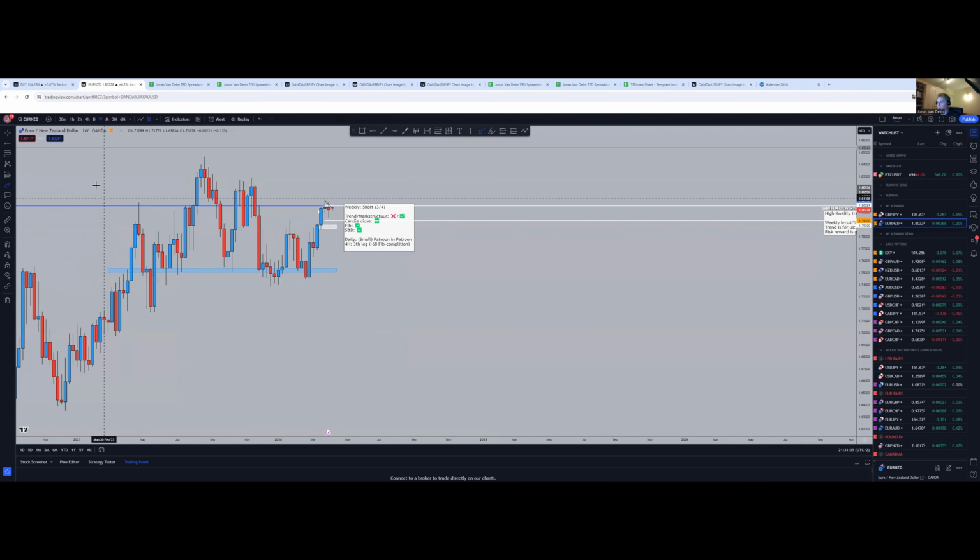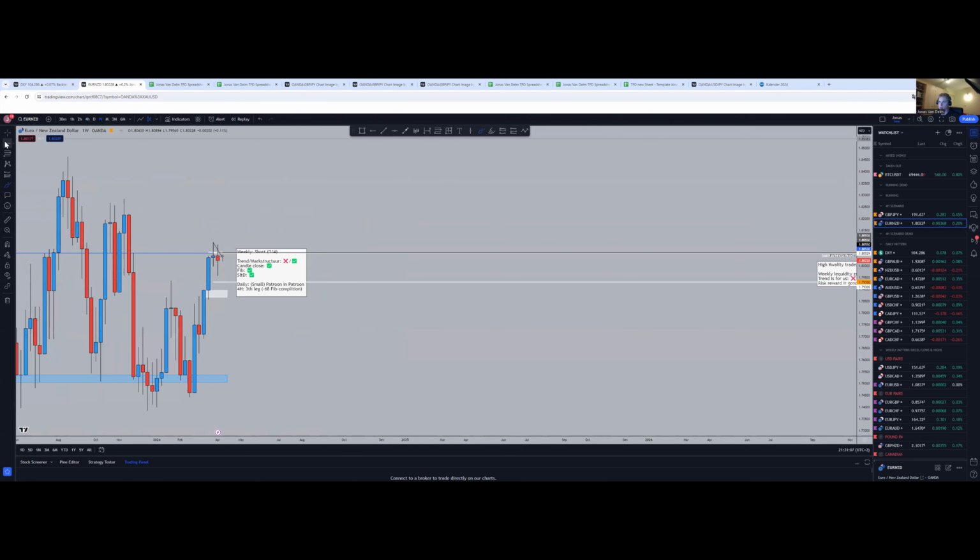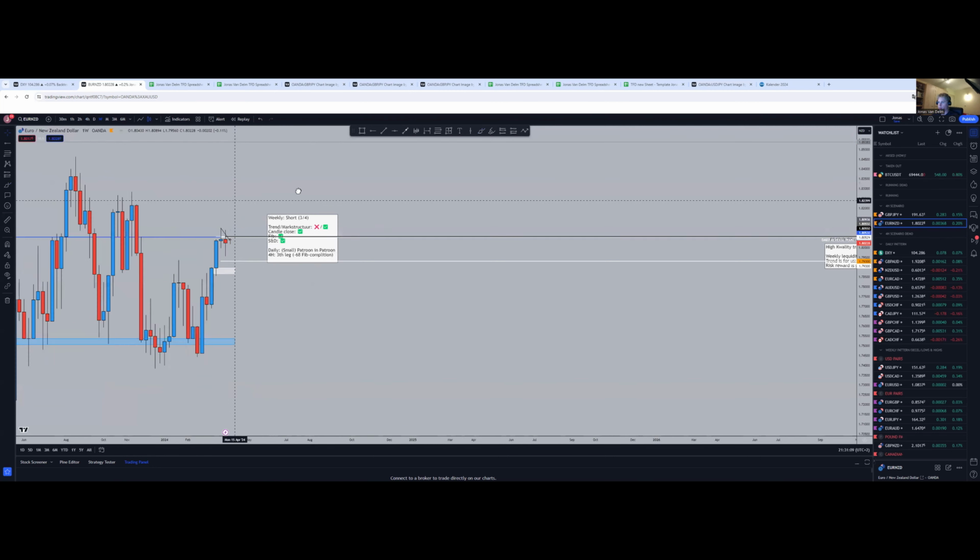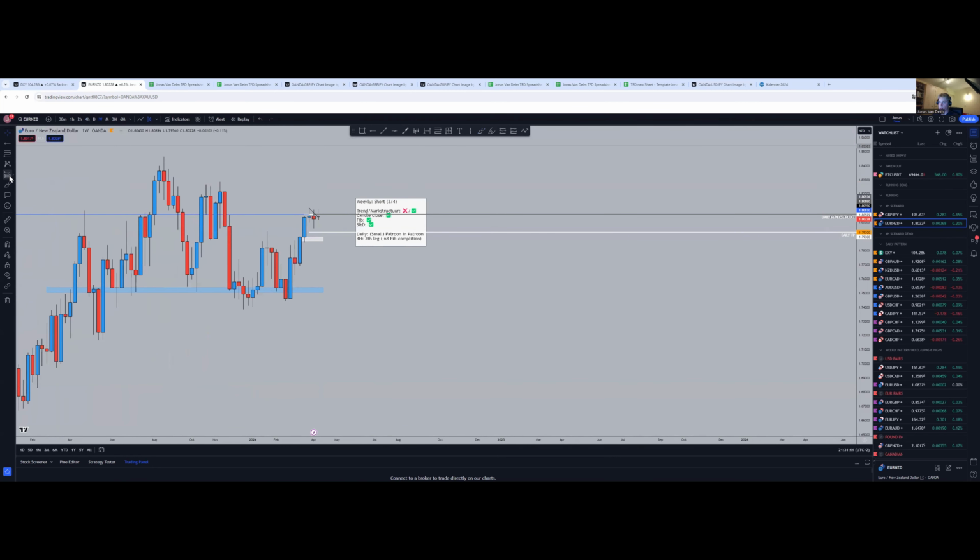If I go over the weekly, for me it is a 3 out of 4. For me, the trend is against us because we had here our high, our low, our new high. So this is the major bullish M between this low and this high. This is just one correction.